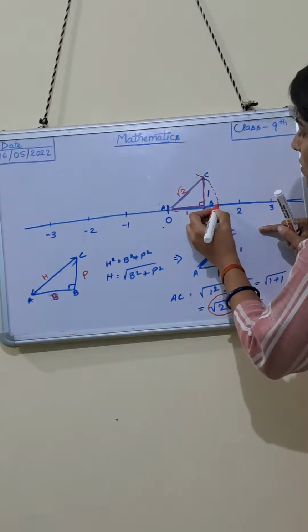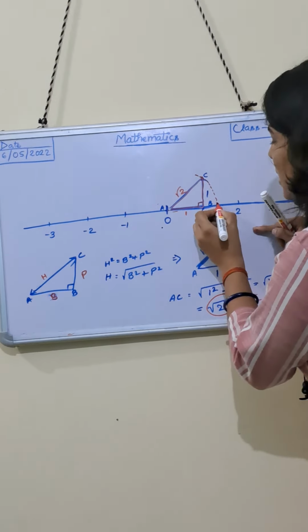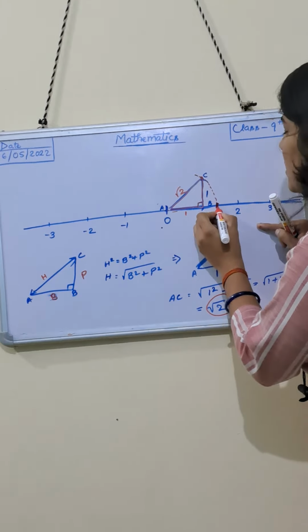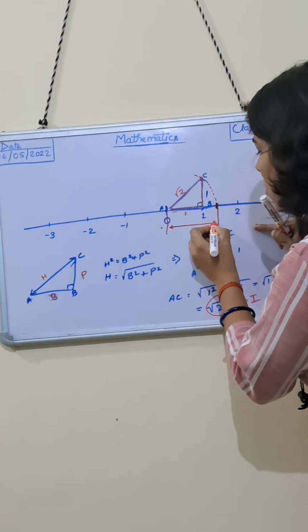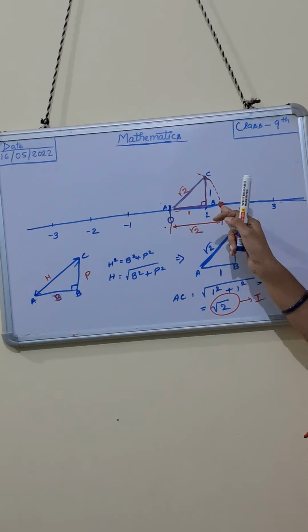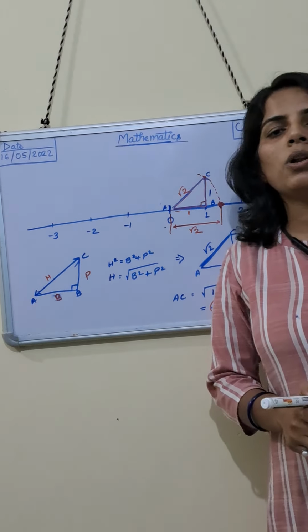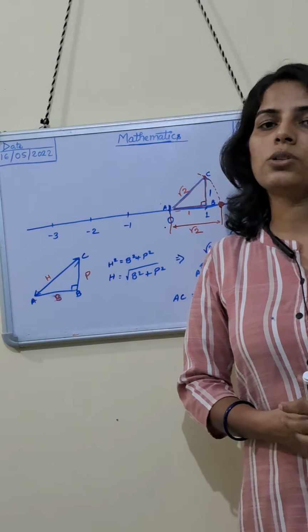Then the compass will cut the number line. From the origin, this length will be exactly under root 2. So, this point will represent the irrational number under root 2 on the number line. So, I hope you understood.